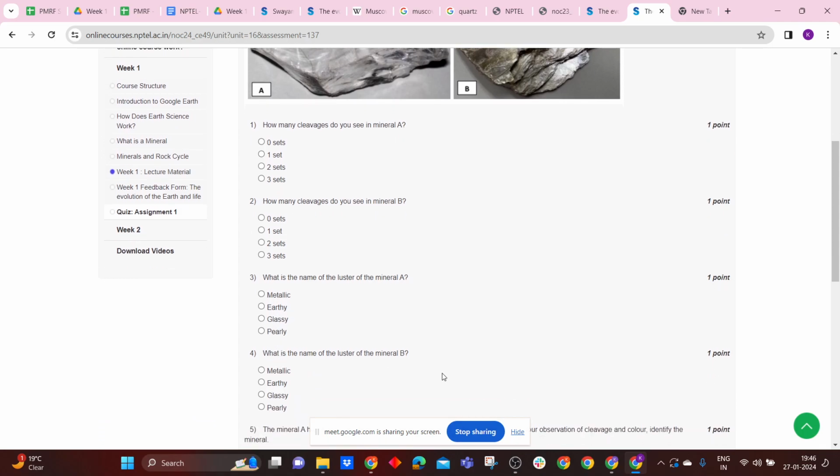And what is the name of the luster of mineral B, guys? Pearly. Yes, sir, pearly. And why not metallic, students? Sir, if it were a metal it would show a metallic luster, but this is a non-metal. It's partially correct.